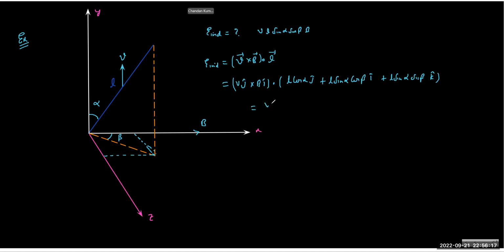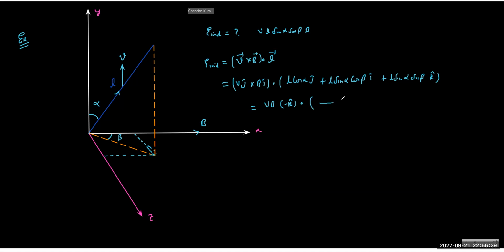So V B, and j cross i is minus k. Okay, so we are taking it this way, but that's okay. We can eventually take the mod. So V cross B, and only we have to take the k component, right?